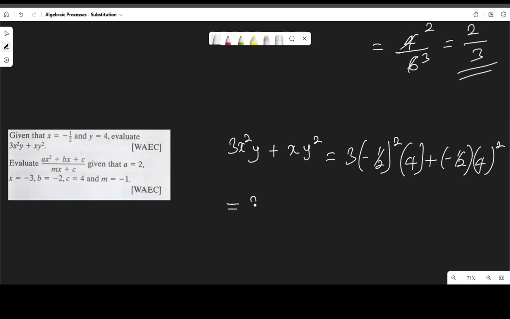That will be 3 times negative half squared. Negative 1 squared is 1, and negative 2 squared is 4. And multiply by 4 plus 4 squared is 16. So I have negative half times 16.